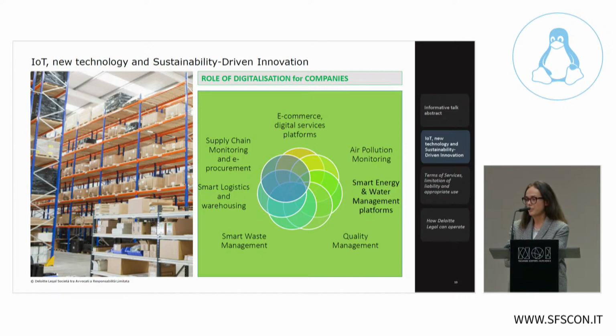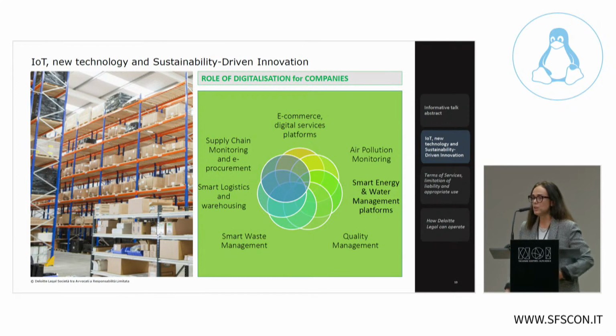However, there are a lot of processes and services that a company can decide to implement for the digitalization of its process. And of course, the e-commerce and all the digital services platforms, but also the digitalization of the supply chain, digitalization of smart logistics, and digitalization in the environment and health and safety management, and the quality management.